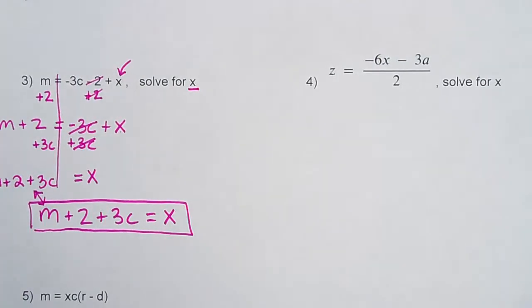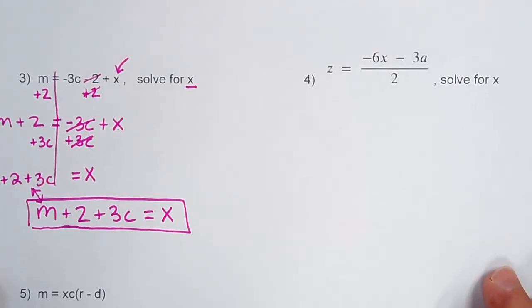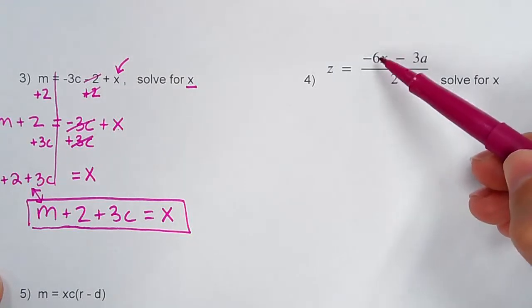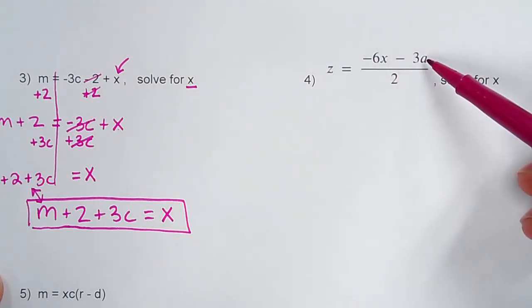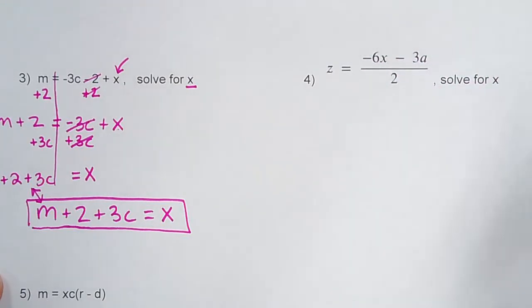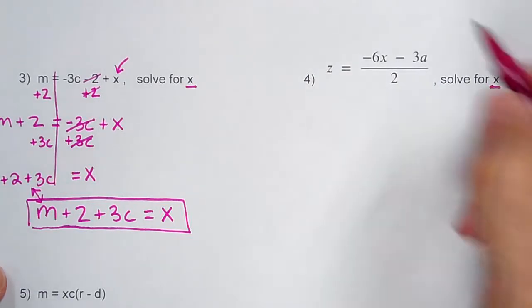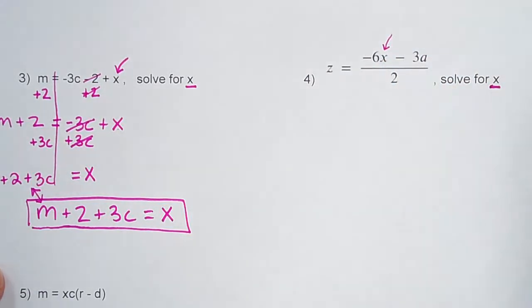All right, example 4. Z equals the quantity negative 6x minus 3a, all divided by 2. Solve for x. So I'm solving for x. The first thing I have to do is undo this dividing by 2.